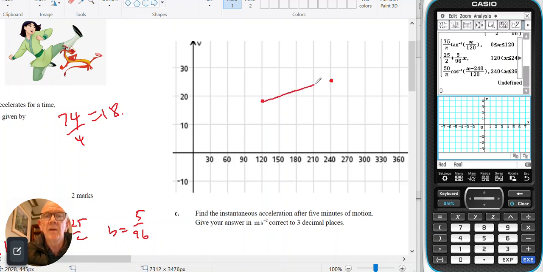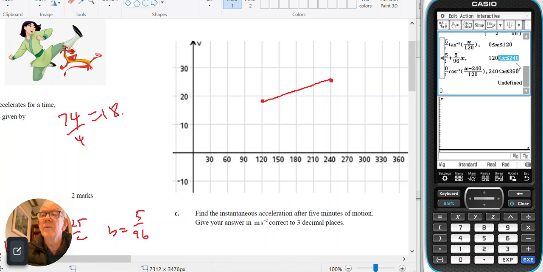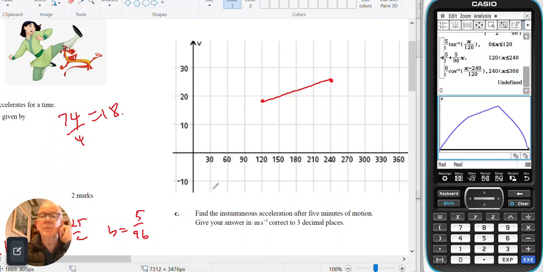So if I change my window from -1 to 370 and -1 to 30, because I know the highest is 25, I select all of that, drag and drop, draws a graph.